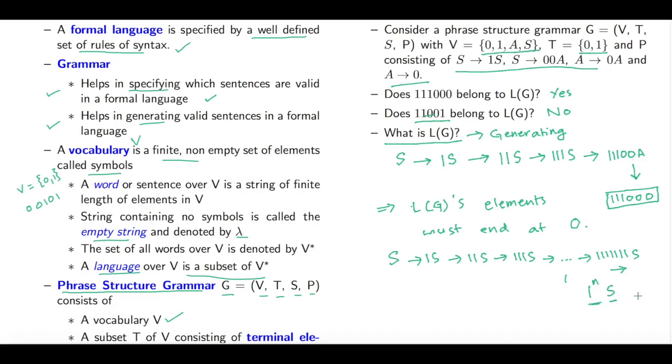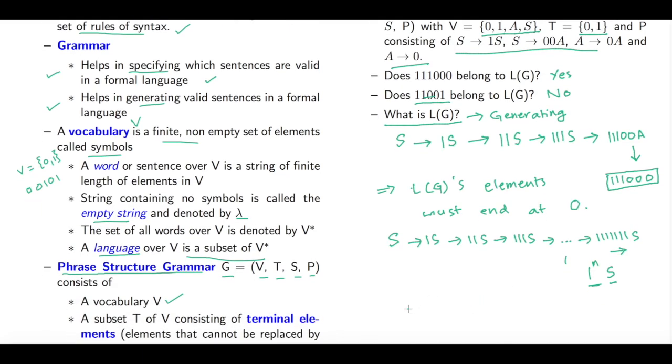And then another option is that I can say S to 00A. Then I can say 0000A. Then I can say 000000A and so on. So I can say that it has 0 to the 2n A.